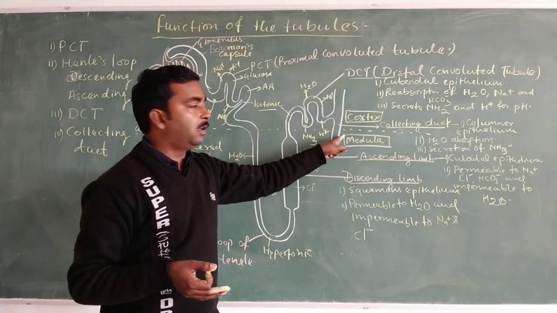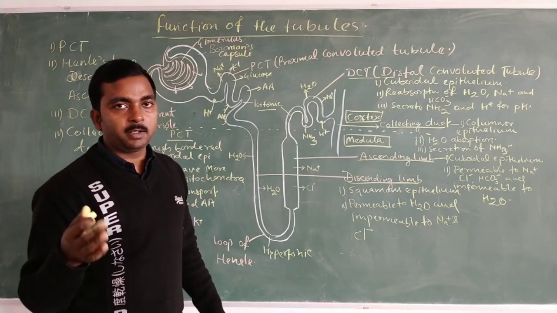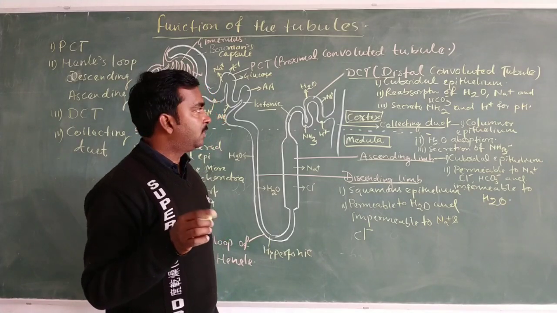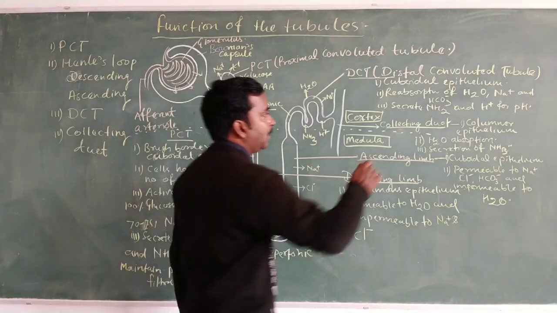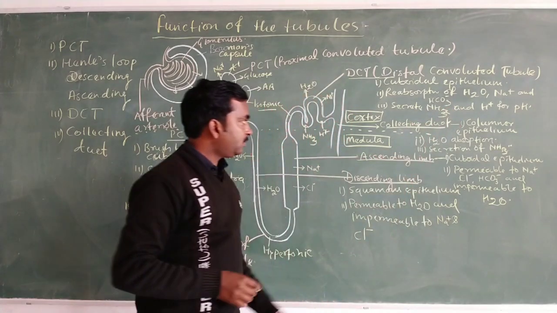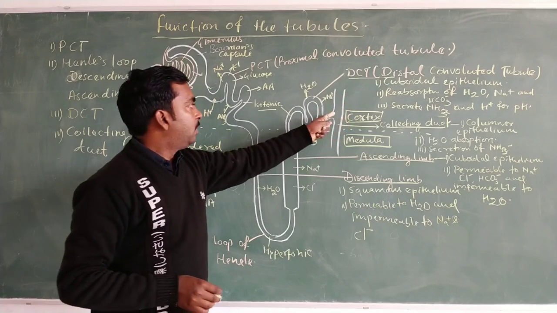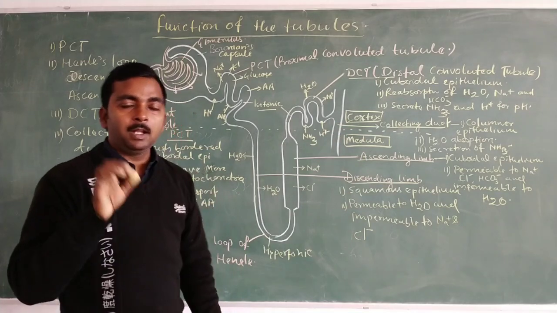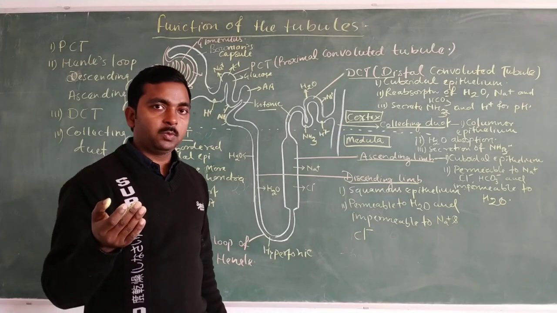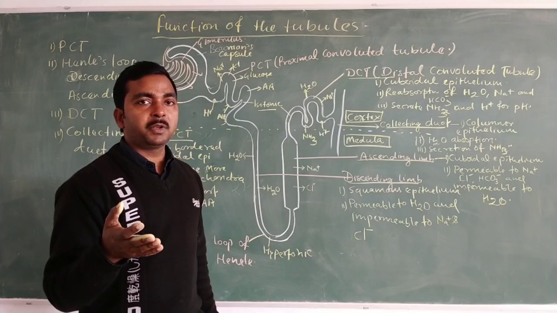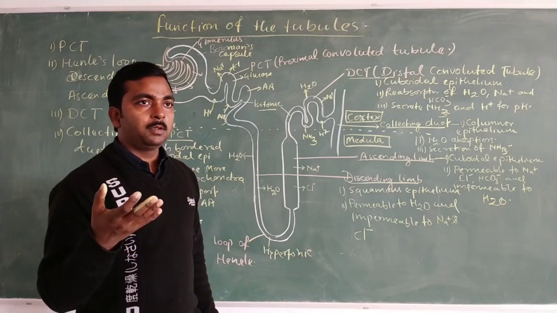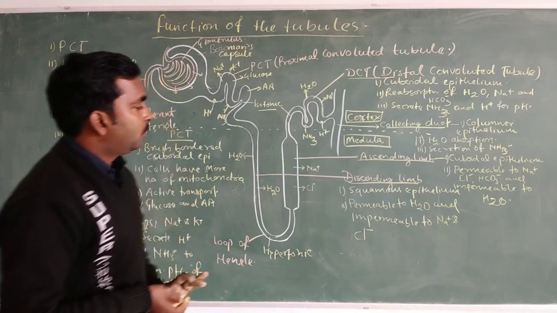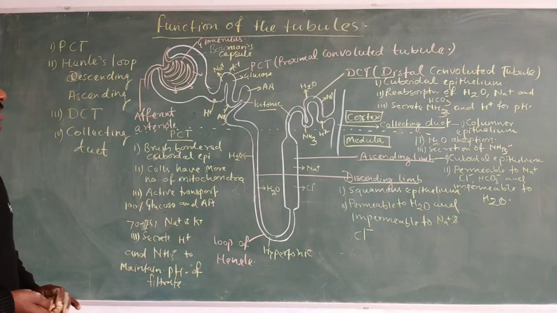Then again in the collecting duct, the maximum amount of water reabsorption takes place, along with the secretion of some nitrogenous waste like ammonia to maintain the pH. So water gets reabsorbed maximum in the collecting duct, and in this region the urine gets concentrated to form the actual urine to pass into the ureter. So this is all about the function of tubules.